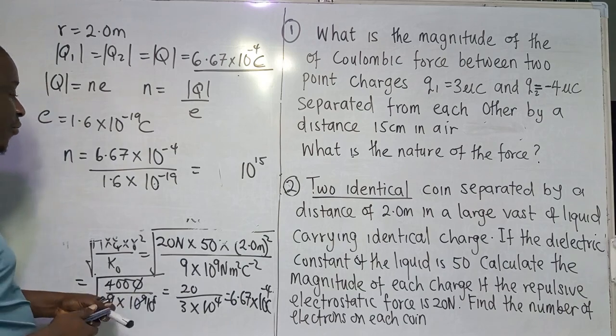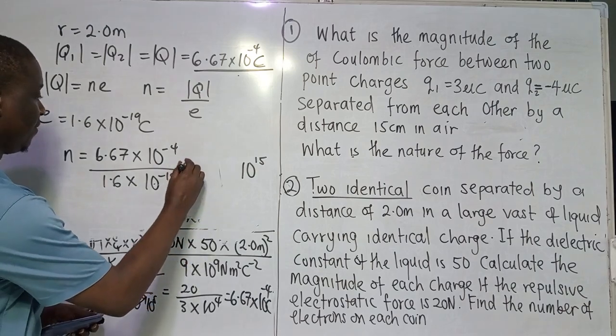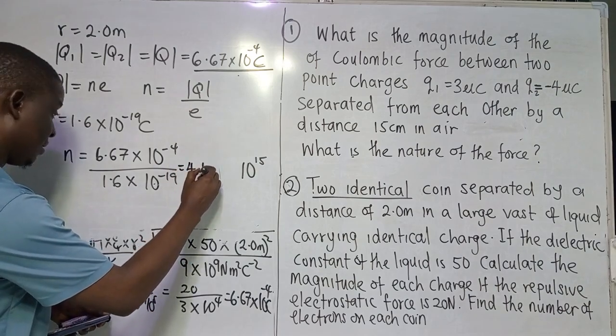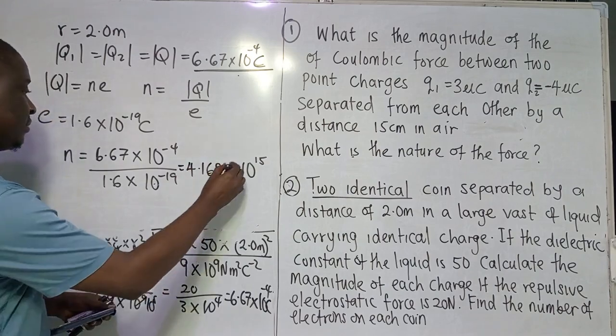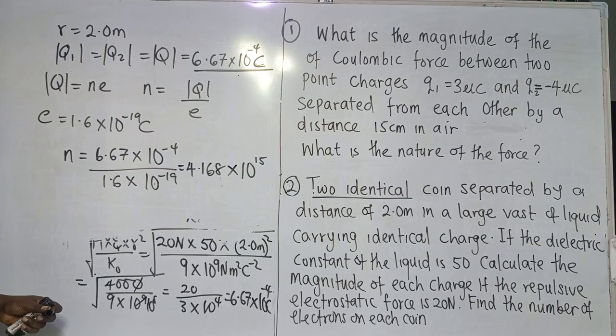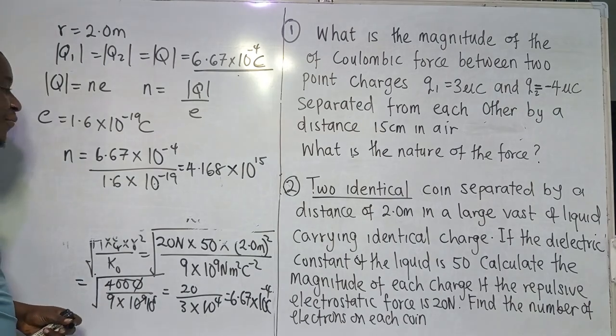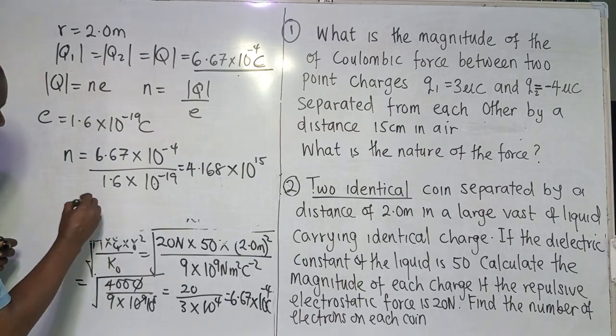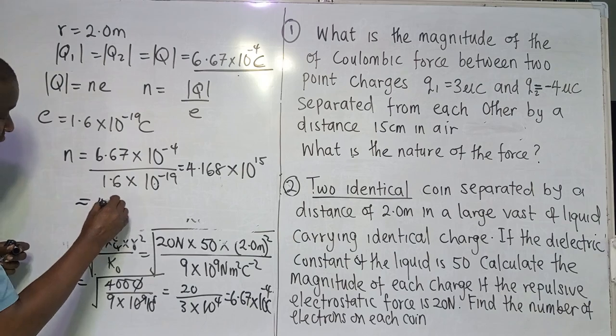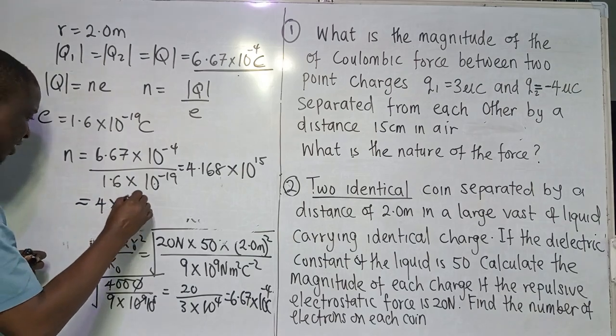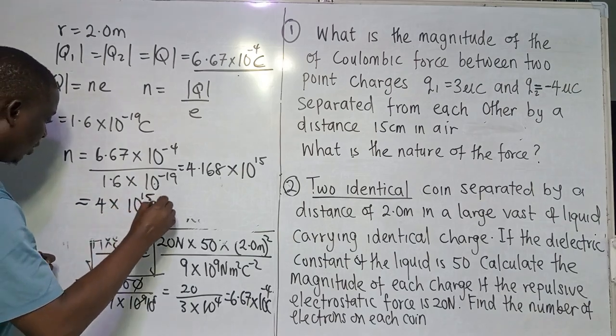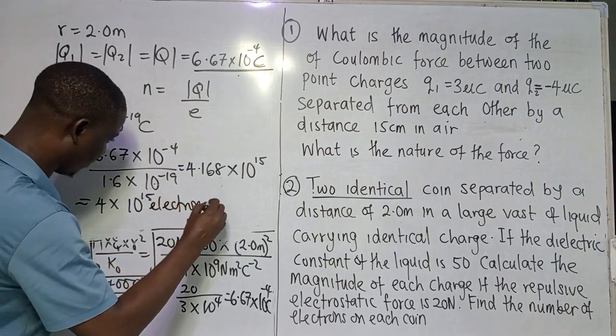So I would have 4.168 times 10 raised to the power 15. Approximately, to the nearest whole number, you are going to have 4 times 10 raised to the power 15 electrons.